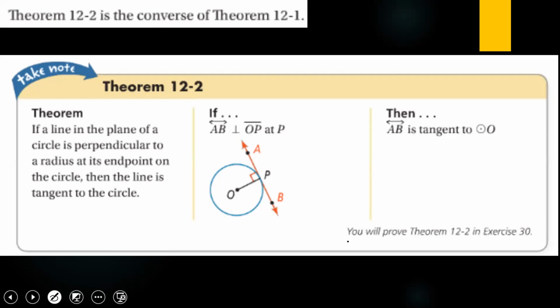This is the converse of a theorem. If ray AB is perpendicular to the line segment OP at point P, that means ray AB is tangent to the circle.